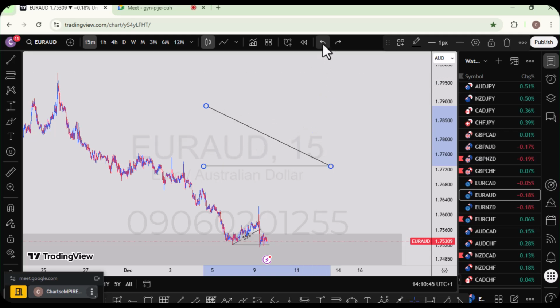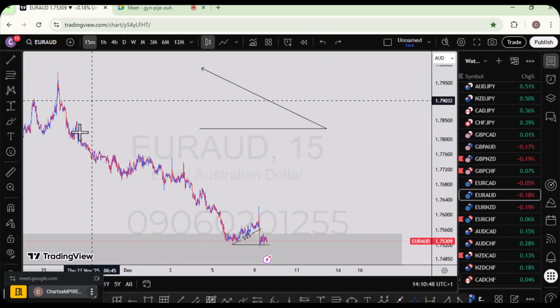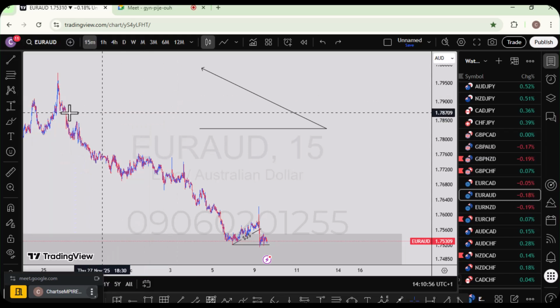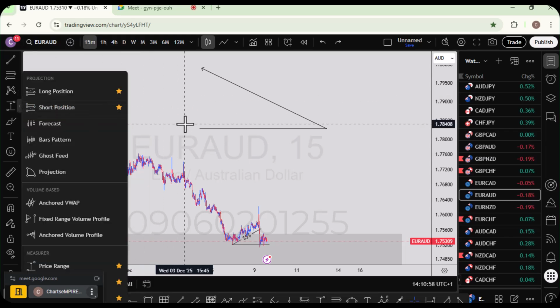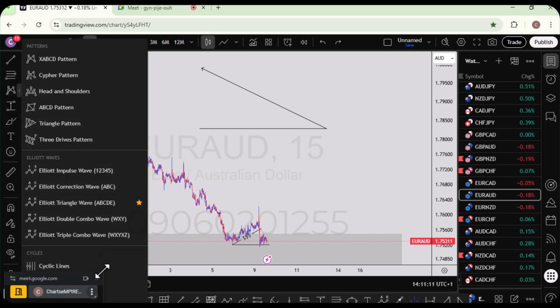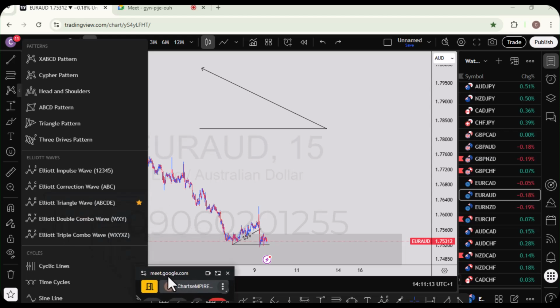So let's see. I think we should be able to see these tools. I want to use this tool to demonstrate. We need to demonstrate this so that you can easily understand this concept of your triangle. These tools should be in this section here, but I'm not getting them here.